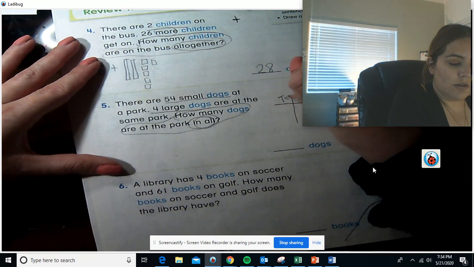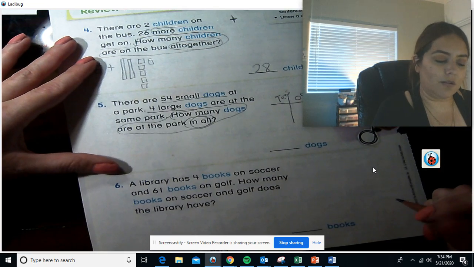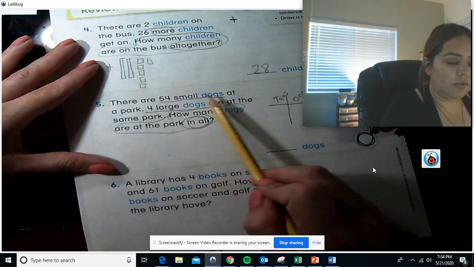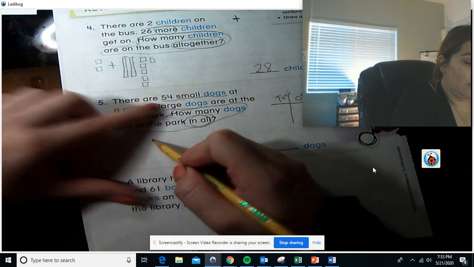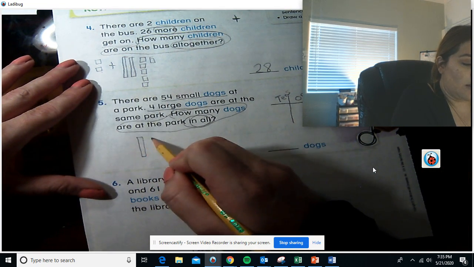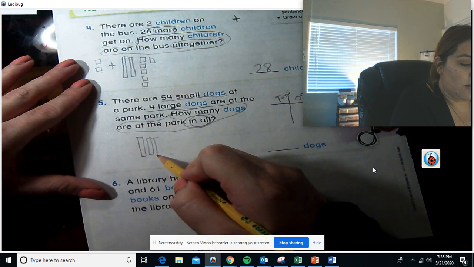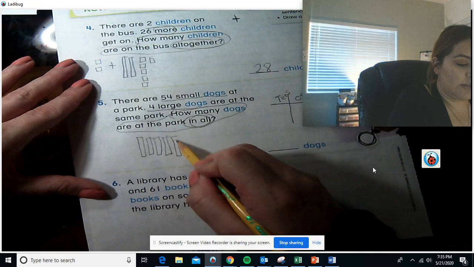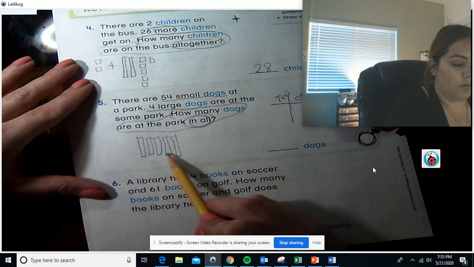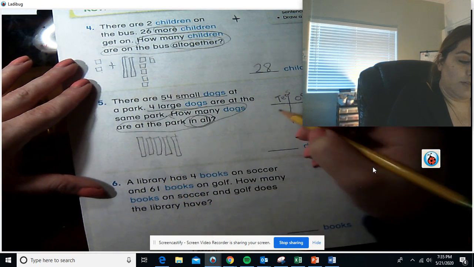Okay, so 54 small dogs. 54 means 10, 20, 30, 40, 50. 1, 2, 3, 4, 5. 5 groups of 10.